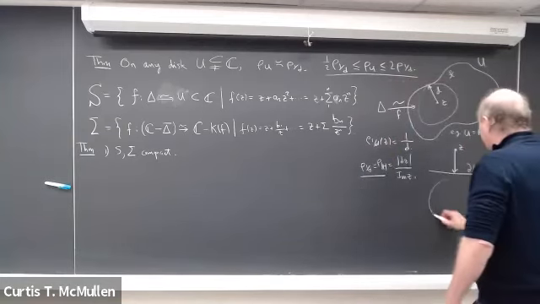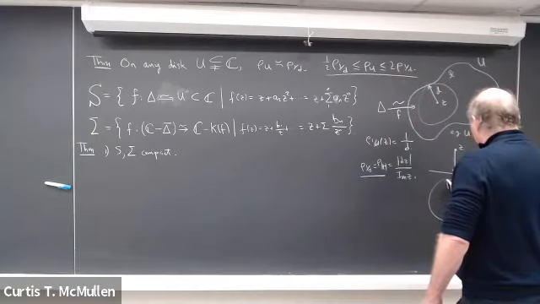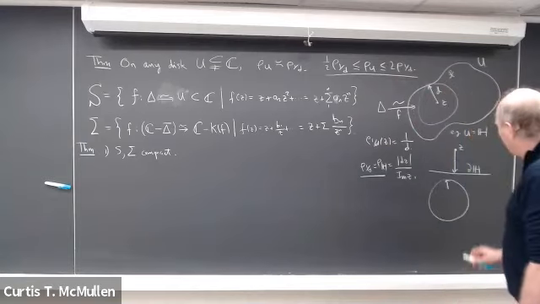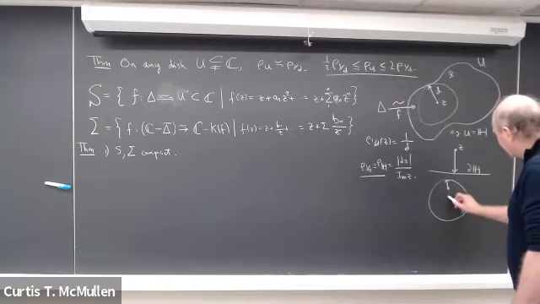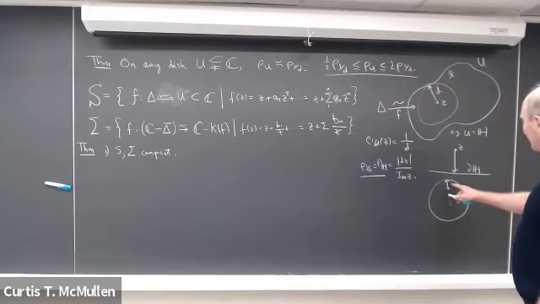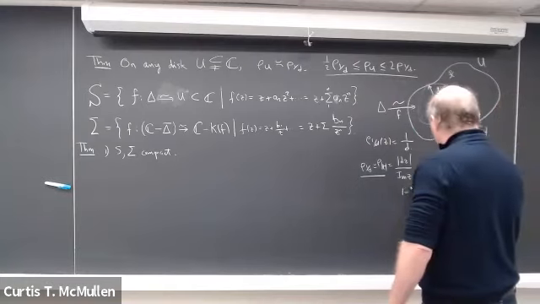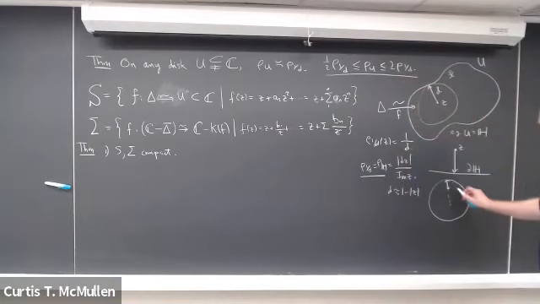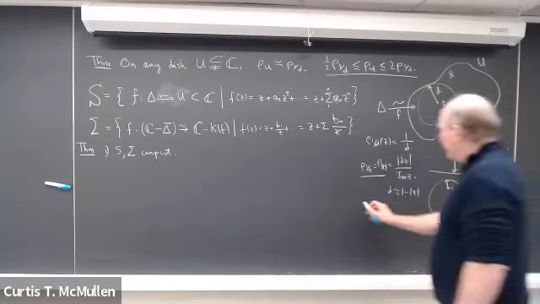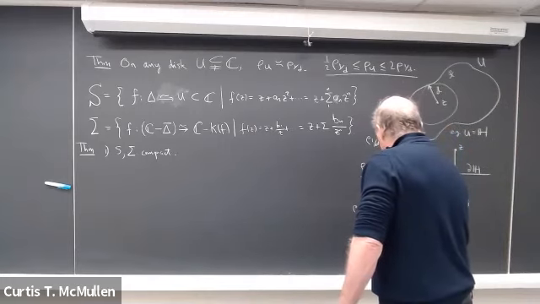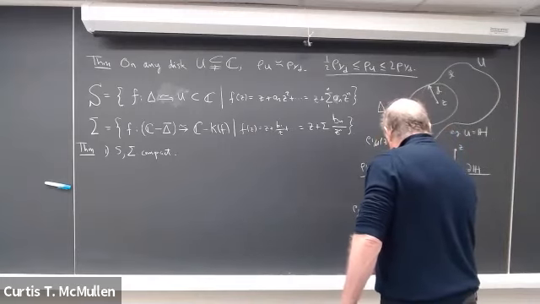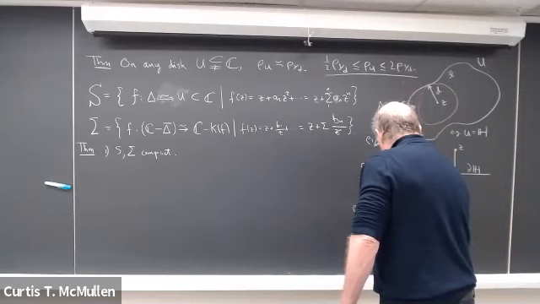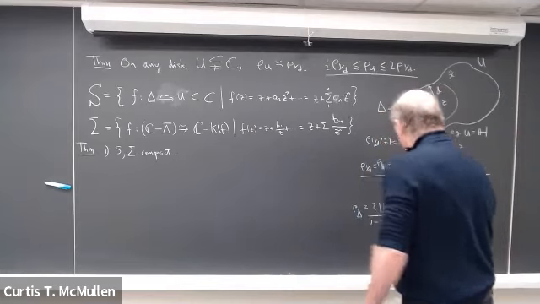Now on the unit disk, things are a little bit different. When z is close to the boundary of the disk, the distance from the boundary is like 1 minus the absolute value of z. And the hyperbolic metric on the unit disk is 2|dz| over 1 minus the absolute value of z squared.